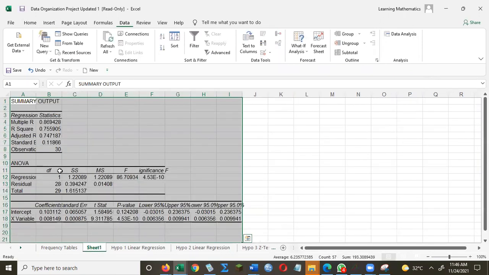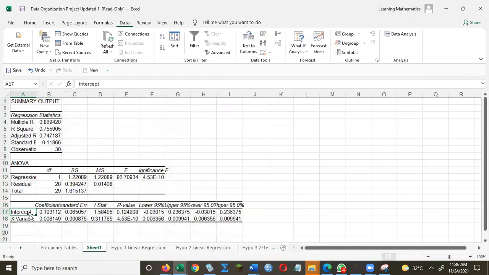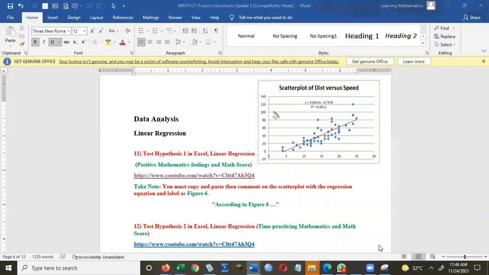Right, so you get an output giving you the y-intercept. Look at the y-intercept there, and look at the gradient. However, for the analysis, what you need is a scatter plot.